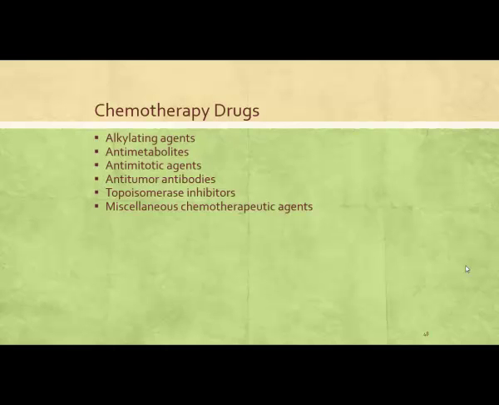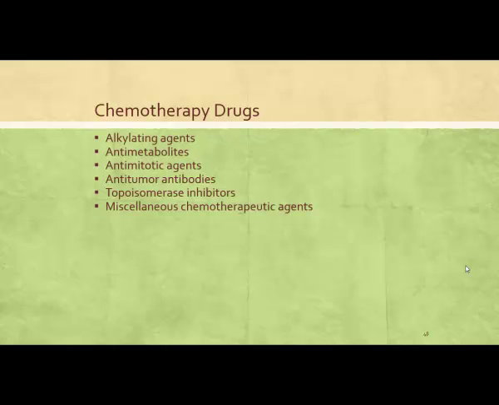The topoisomerase inhibitors disrupt the enzyme topoisomerase, and topoisomerase is needed for the synthesis of DNA, because again, with the life cycle of the cell, we have to have synthesis and replication of DNA in order for cellular division to occur.